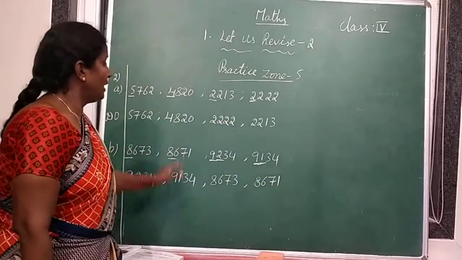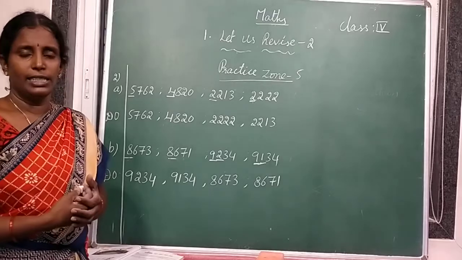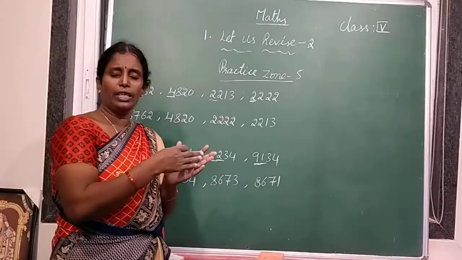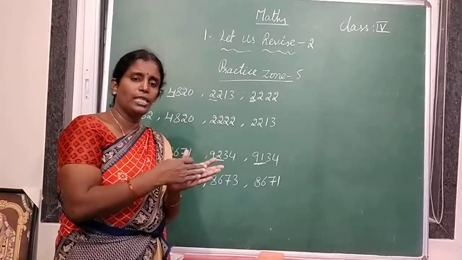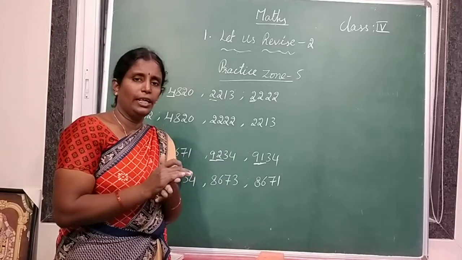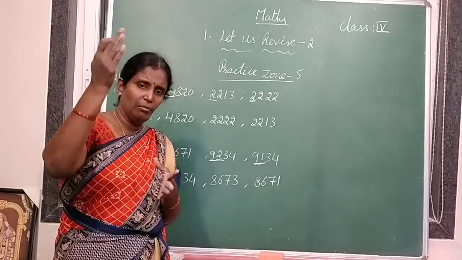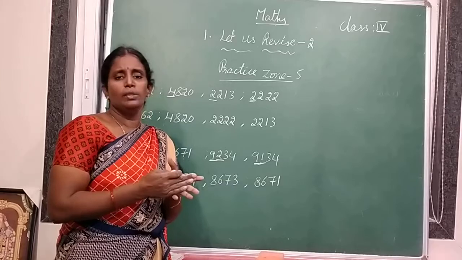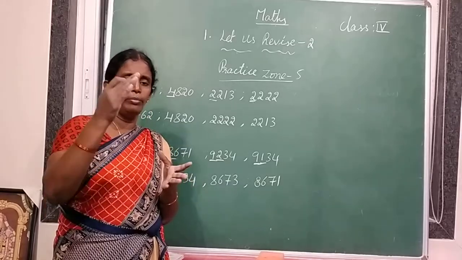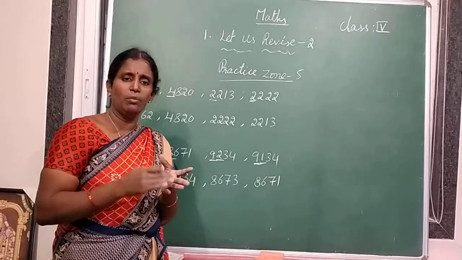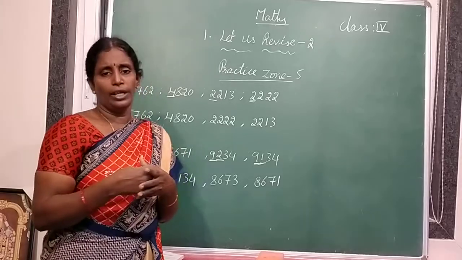Understood? Ascending order and descending order. Ascending order is nothing but arranging the numbers from smallest to greatest. Descending order is nothing but arranging the numbers from greatest to smallest. Understood? Big to small is descending order, small to big is ascending order.